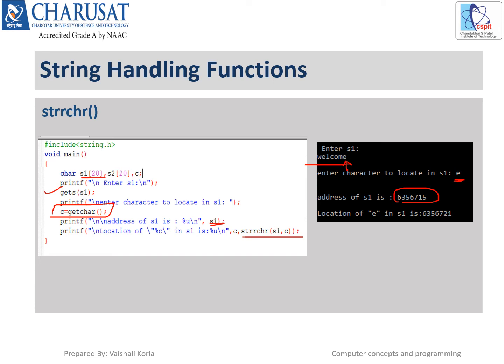So it would be 6356721. This is 715, 6, 7, 8, 9, 20 and 21. So it will give the address of the last occurrence of a given character from the given string. This is how the strrchr function works.